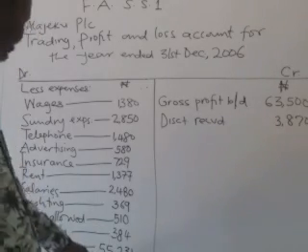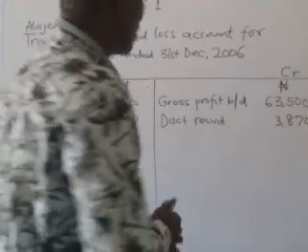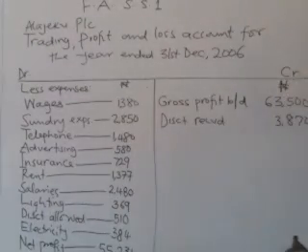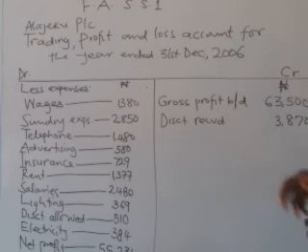How do you now get the net profit? We come to the credit side, where we have the gross profit earlier derived from the trading account, which we did in our last class. You can see it's brought down here. Then we add discount received to it. That will give you 67,370.